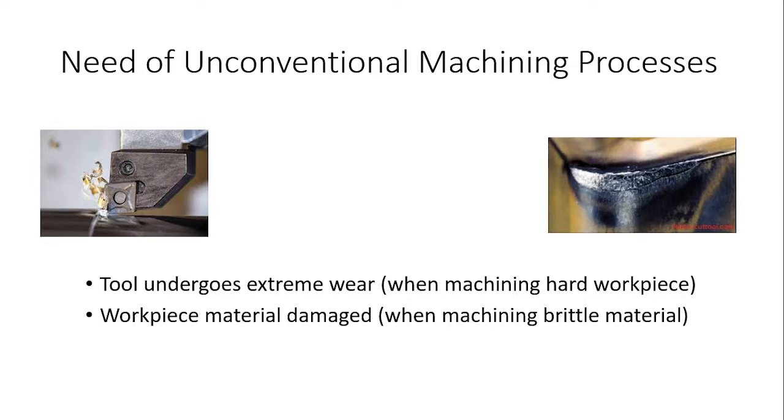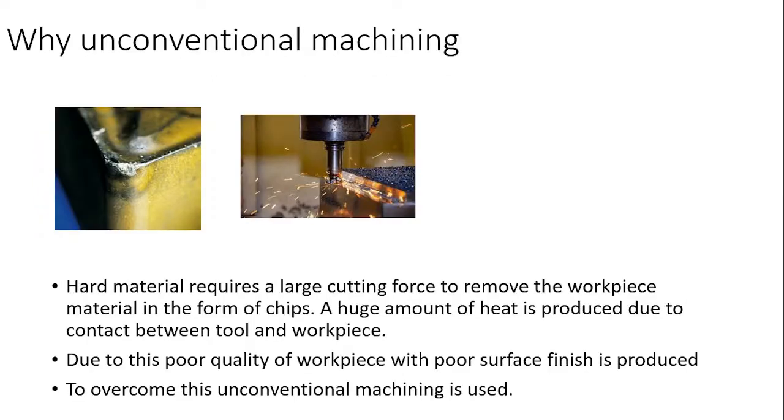For example, if you consider glass as a workpiece material, the workpiece material easily gets damaged. So how can we utilize the machining processes for these kinds of materials? We machine that kind of materials with the aid of unconventional machining process. Here you see high material removal from the workpiece requires large cutting force.